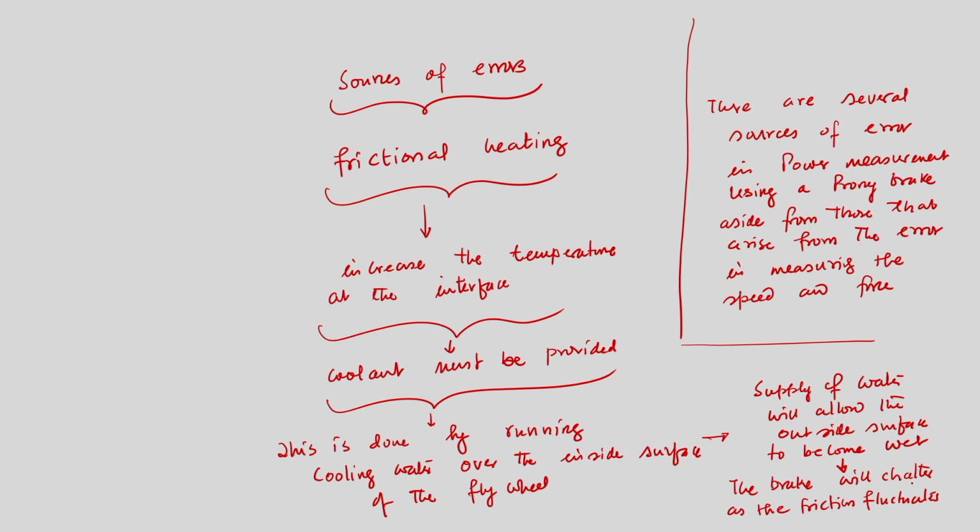So, that means what will happen, if the outside surface becomes wet, then friction will fluctuate and the brake will chatter. So, this is the problem that we should keep in mind. These are the different issues we need to ensure.